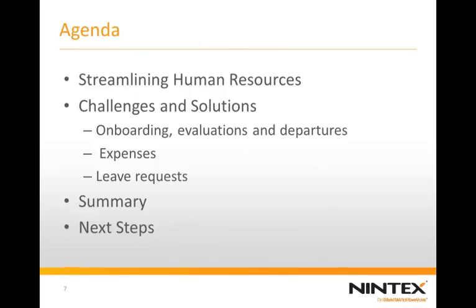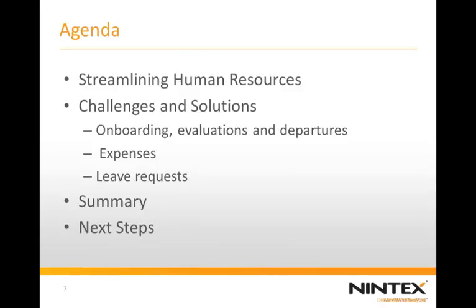We're going to talk today about the kinds of things that are motivating us to streamline human resources, the kinds of requirements and goals that we have in our business, and specifically within the HR department, that we can address with business process automation. Specifically, we're going to look at three in particular.